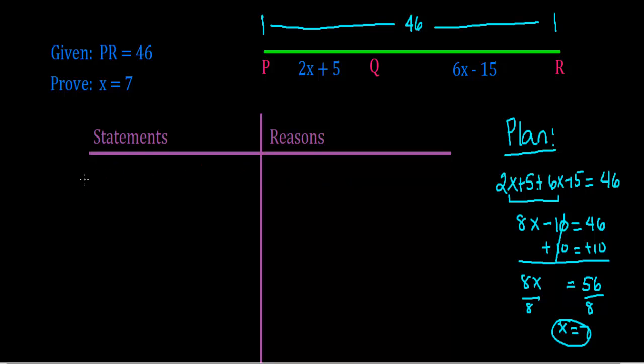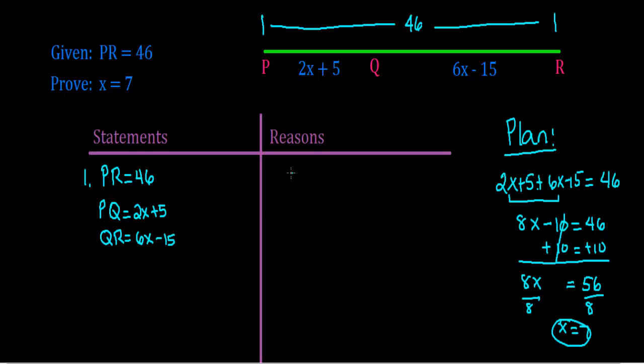For my first statement, I'm going to write my given. PR is equal to 46. I'm also going to write the other given information that is in the figure, which is that PQ is equal to 2x plus 5, just to provide evidence of the information I do have, and that QR is equal to 6x minus 15.